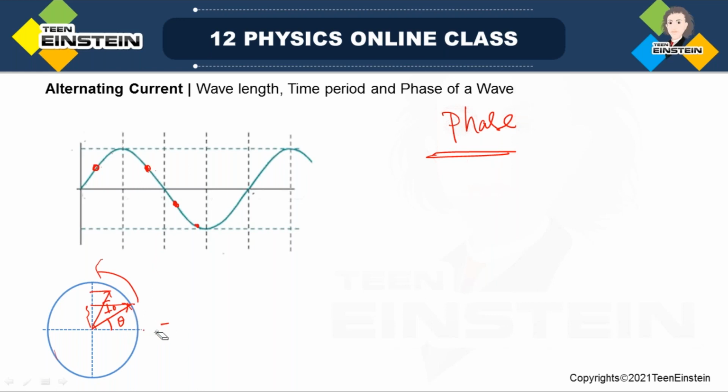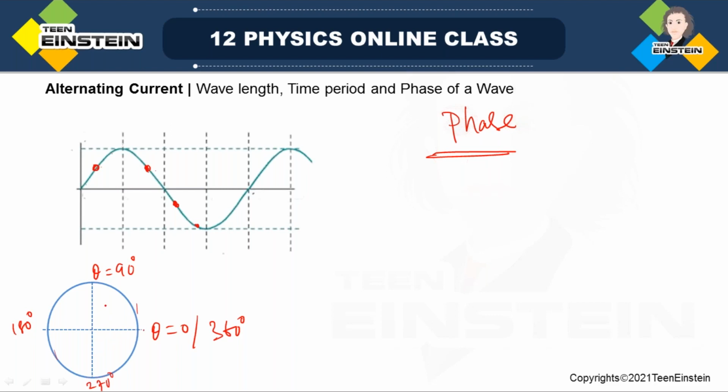The angle can be calculated starting from here: theta is equal to 0, then here 90 degrees, this is 180 degrees, this is 270 degrees, and this is 360 degrees or 0 degrees.